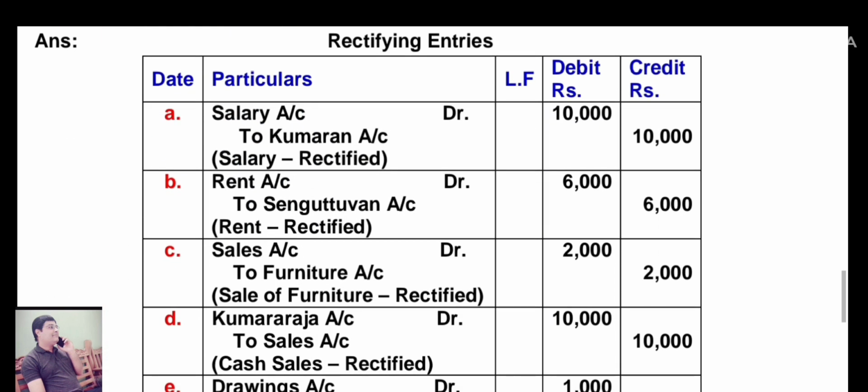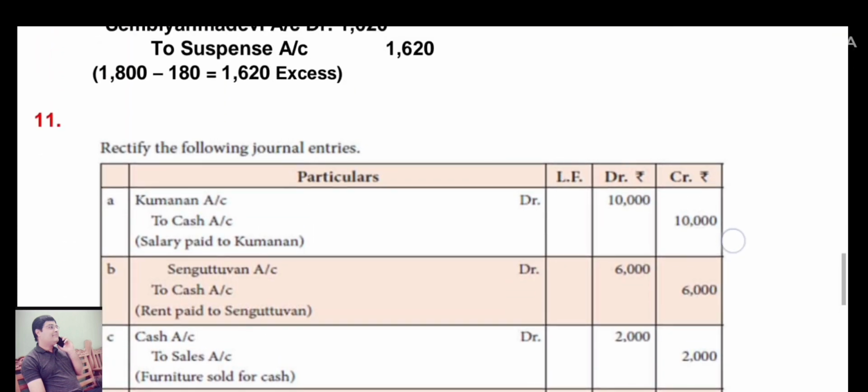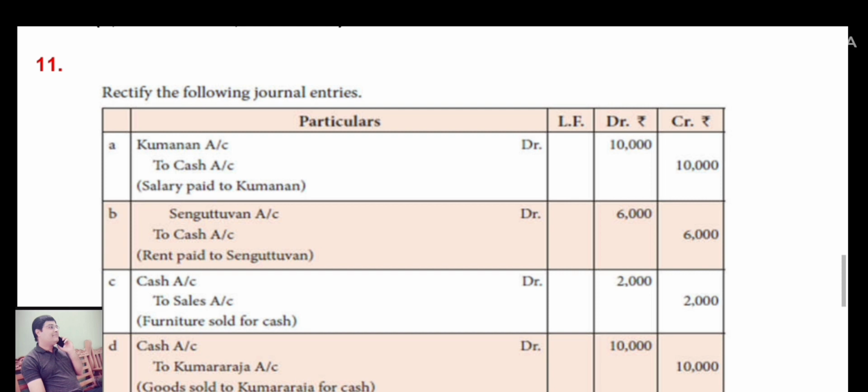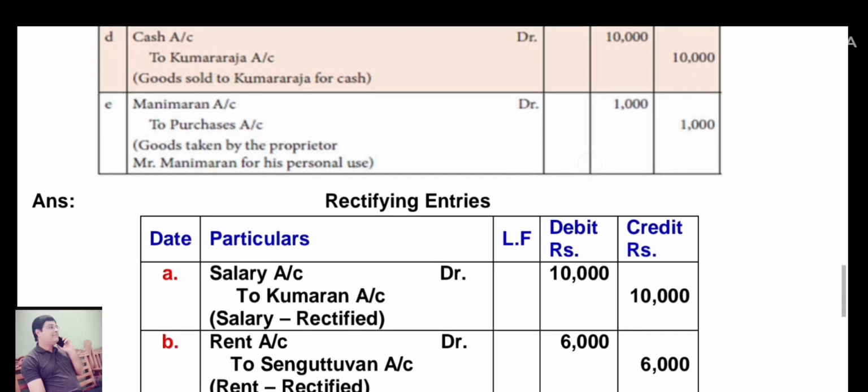But what we did in the question, instead of salary we debited Kumran. So now what we have to write? Salary we have to debit, and Kumran, which was wrongly written on the debit side, we have to write on the credit side. So the answer is salary account debit to Kumran account 10,000. Salary rectified.